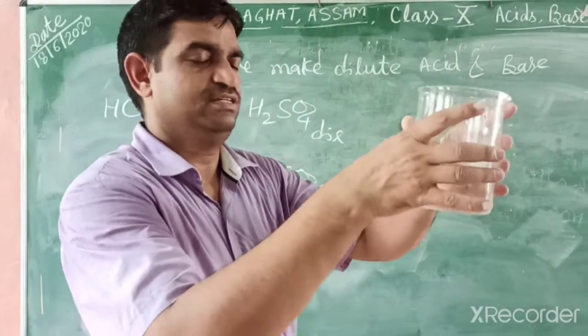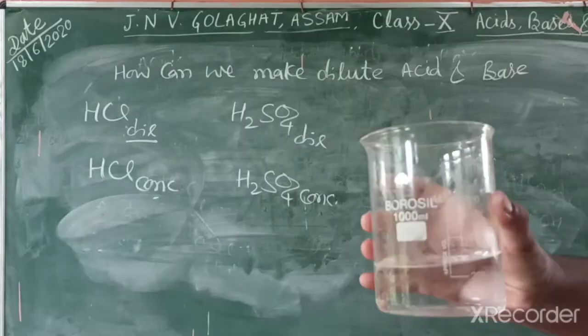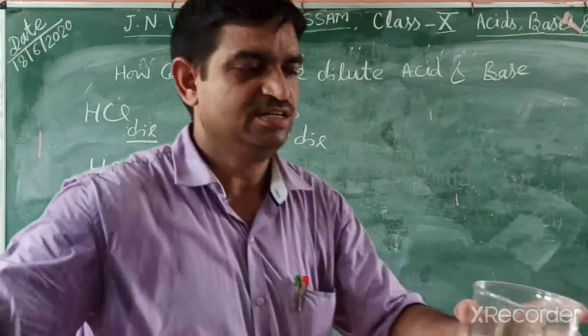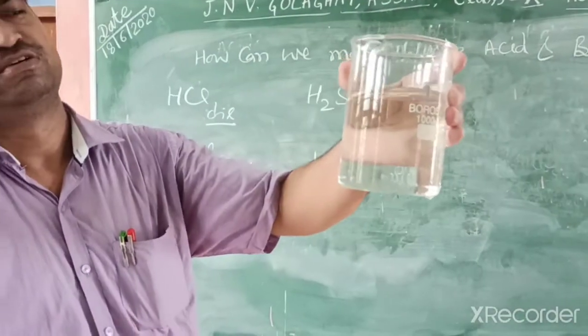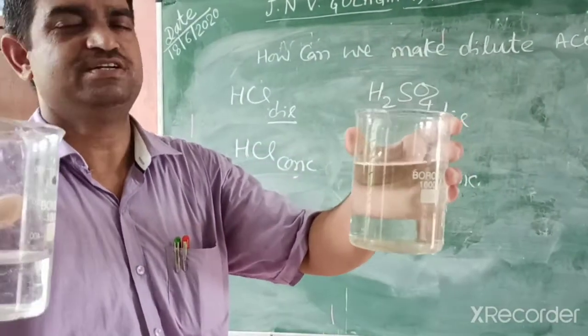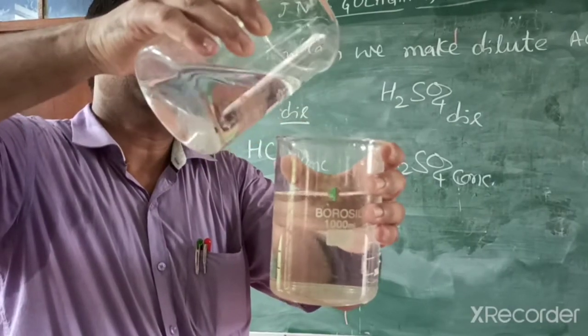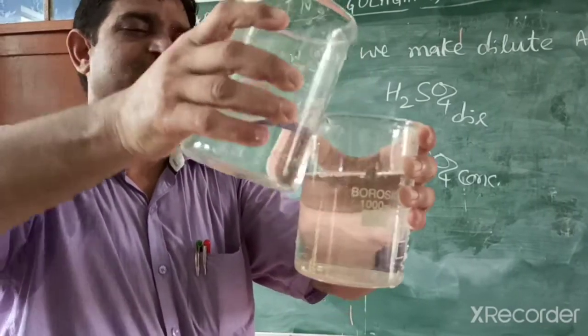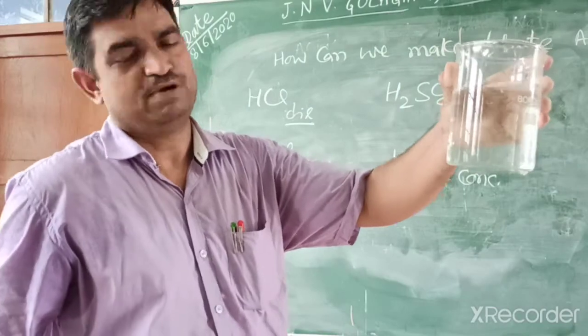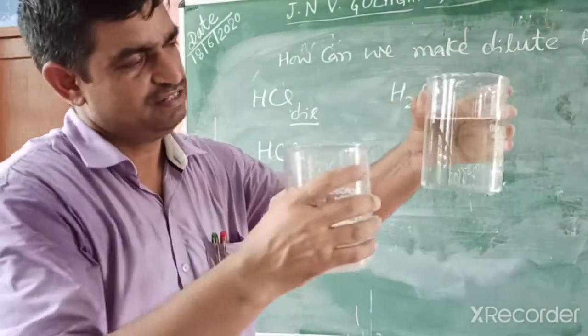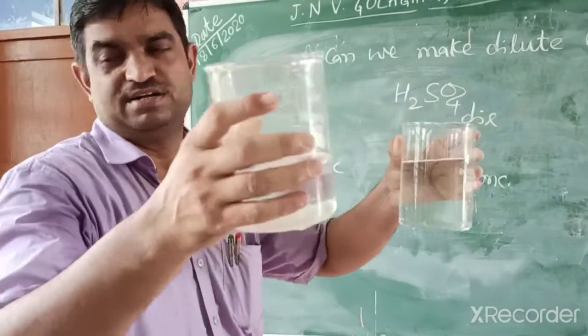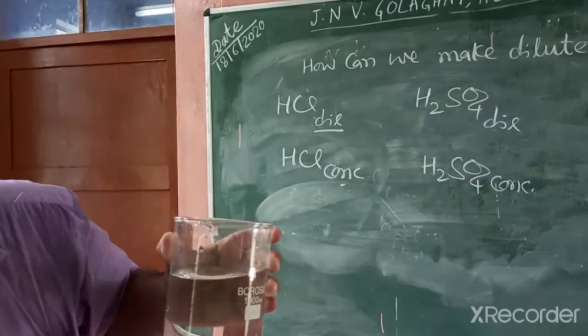If you mix this acid in water, the number of hydrogen ions decreases. This is known as dilution. The acid is still there, but the number of hydrogen ions in the water is reduced.